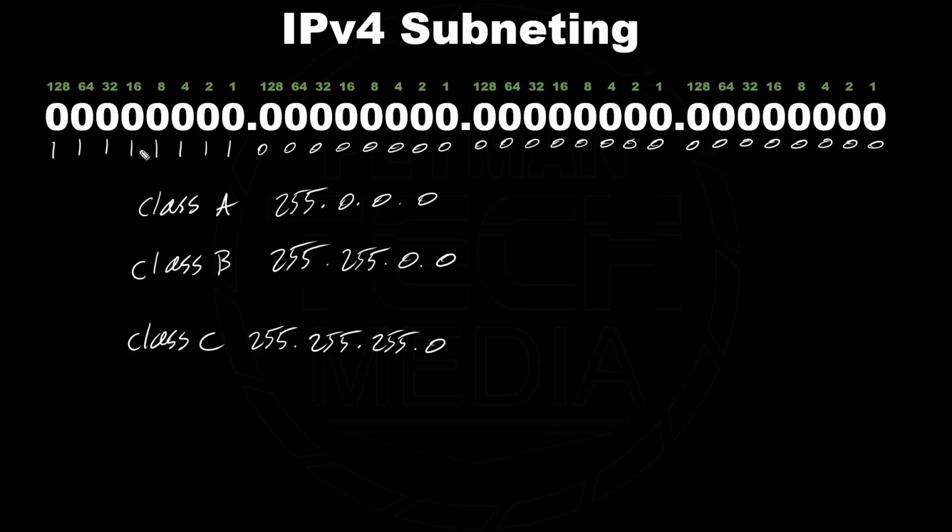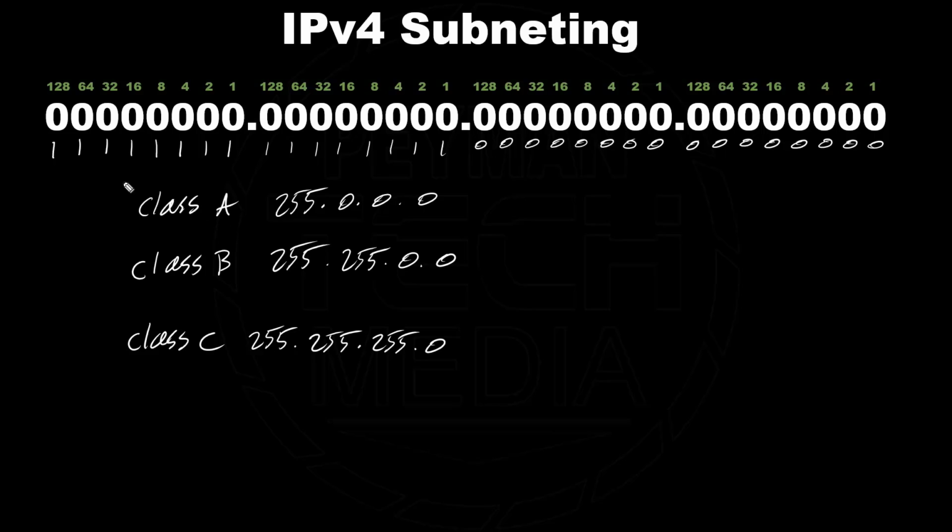Again, these are the octets, the decimal representation of these binary numbers. If this is 255, 8 bits here, the second octet 255, 8 bits here, the third octet 0, so 8 zero bits here, and the last octet 0, 8 zero bits here. But of course this one is for Class A. For Class B, let's erase all this and add it again.